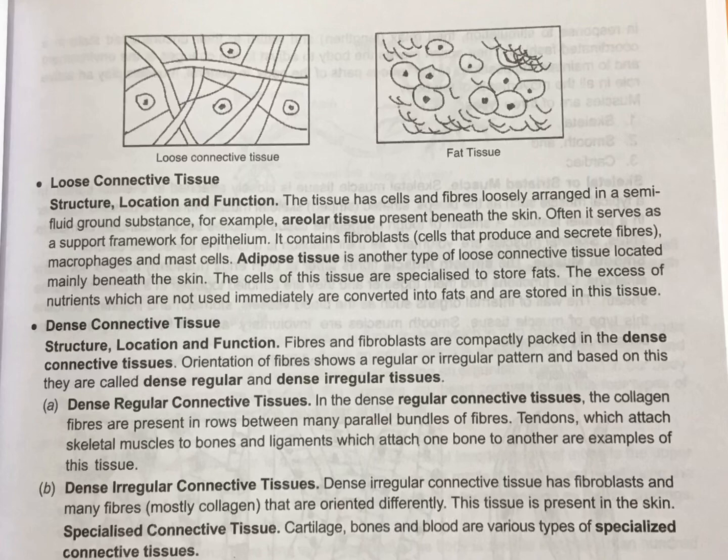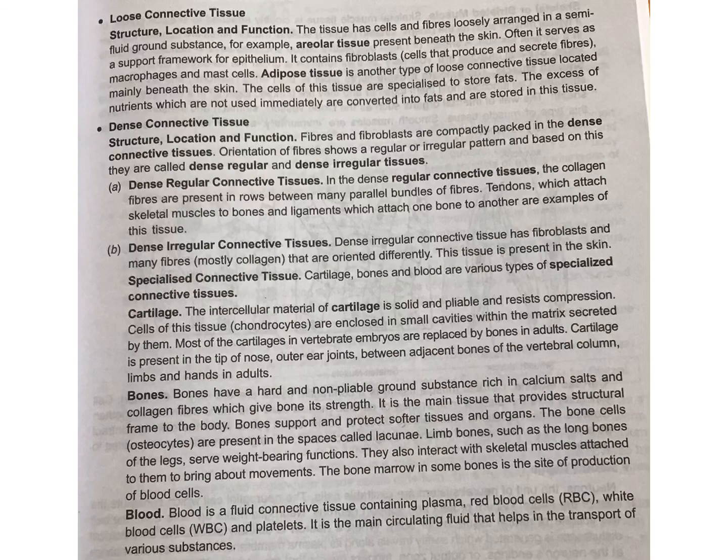Okay, now I have shown you how to write down in your classwork. So point wise, these loose connective tissue, dense connective tissue, and later on the specialized type of connective tissue, point wise with examples you have to draw, and those diagrams which I have told you to draw are also important. So in this way, remember all the points regarding examples as well as the description, and please note down all these points as first structure, then location, then function, and then example.